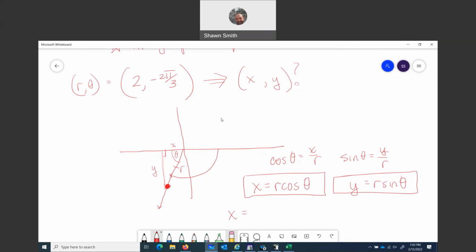So our x is going to be our r value, 2, times the cosine of negative 2 pi over 3.